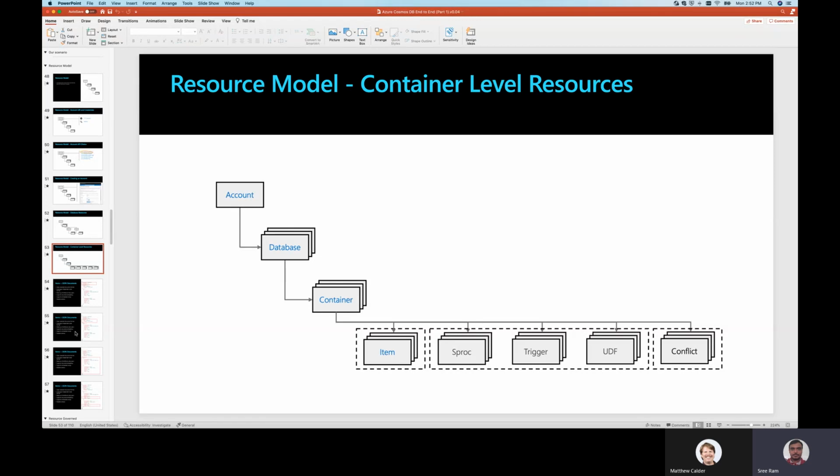You perform a set of tasks, except this stored procedure could be written natively in JavaScript, and they are extremely fast and complement very well all of your items. And then user-defined functions are for your own user-defined criteria that need to be done, and triggers are also available.